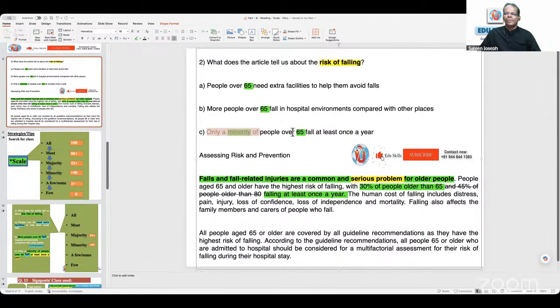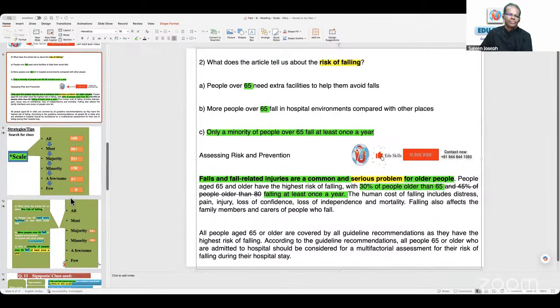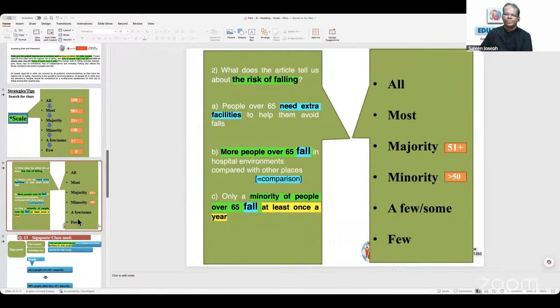Clear, no? If you have no idea of the scale, you will struggle a lot, and it will take a lot of time to find the answer. Minority means 30%. Majority means 50 plus.